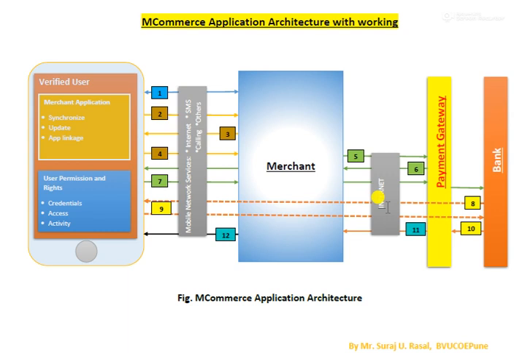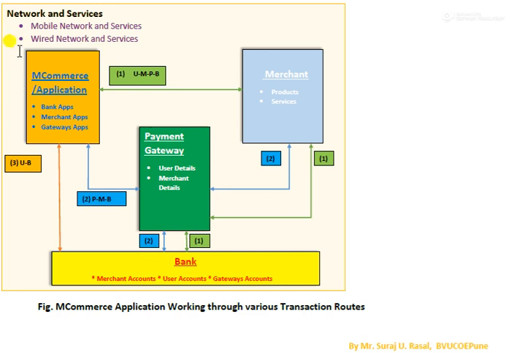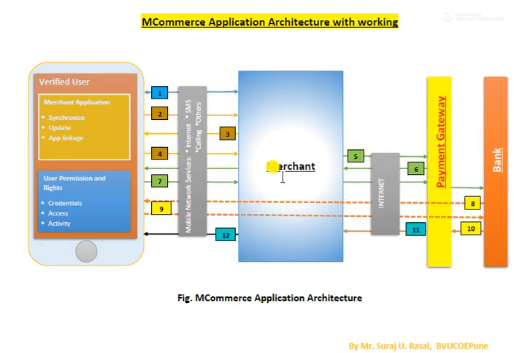Any network can be used between the merchant and the payment gateway. We already learned that two types of networks can be used to connect the participants of M-commerce. In some cases a mobile network can be used, or in some cases a wired network can be used. A wired network can be a broadband network or other networks also.